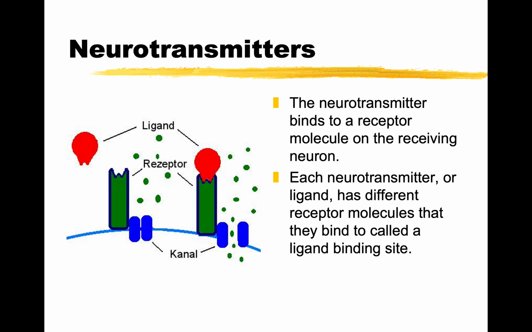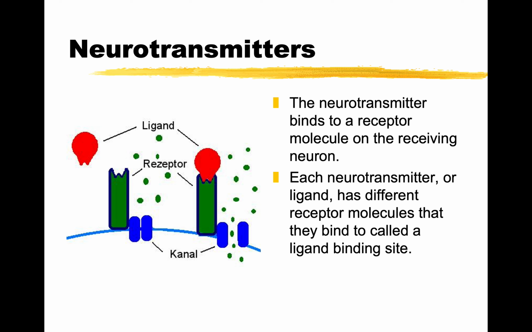The neurotransmitter binds to a receptor molecule on the receiving neuron. Each neurotransmitter or ligand has different receptor molecules that they bind to, and they are called a ligand binding site.